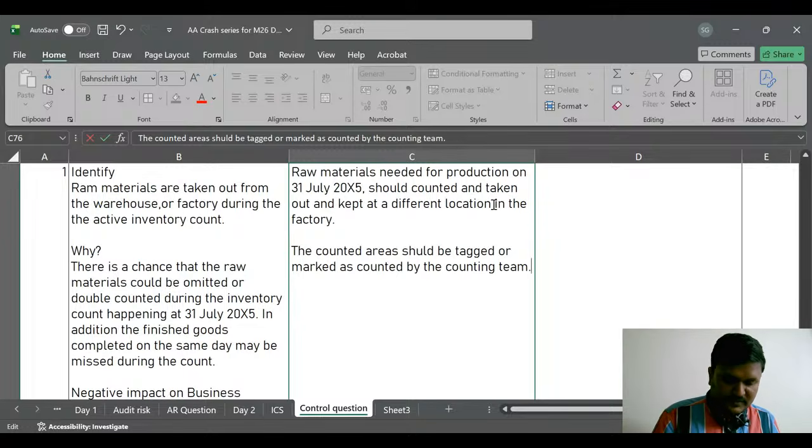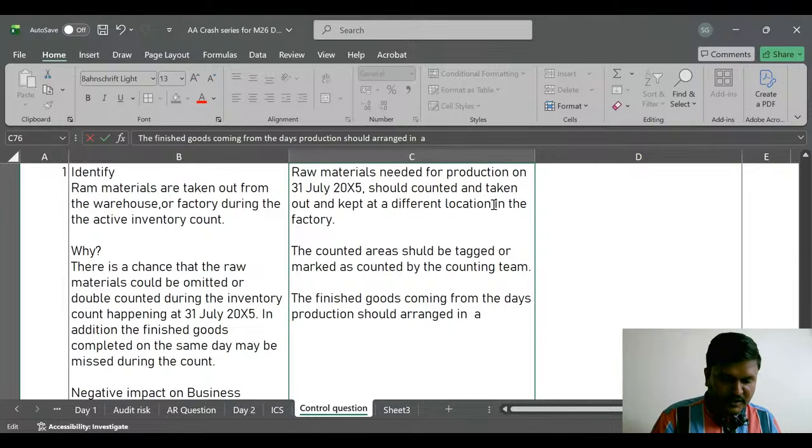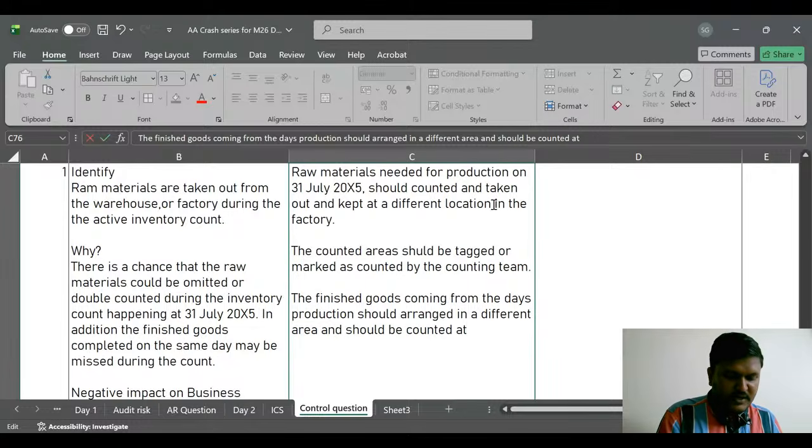Then the next thing, the finished goods coming from that day's production, the 31st July production, should be arranged in a different area and should be counted at the end of the day.